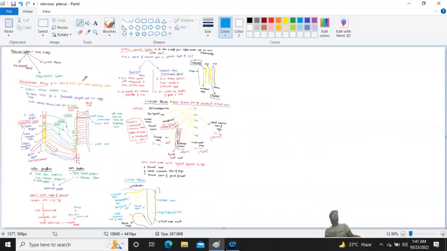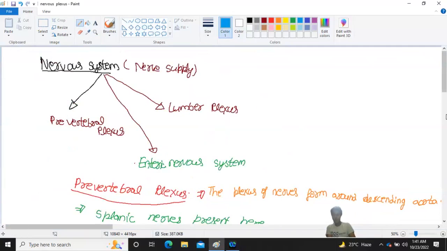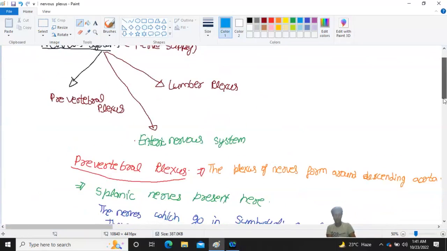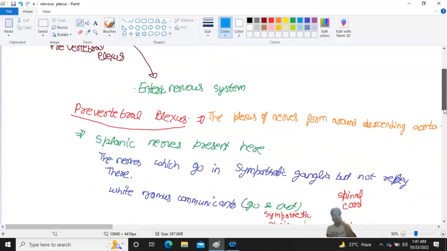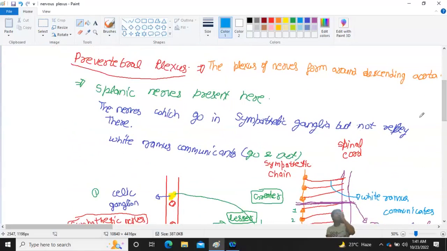Then the whole thing, the prevertebral plexus. The prevertebral plexus is slightly different and confusing. It is a part of the splanchnic nerve plexus. Here they do not directly drain, they pass to the sympathetic ganglion and then change from white ramus to gray ramus into different ganglions present.